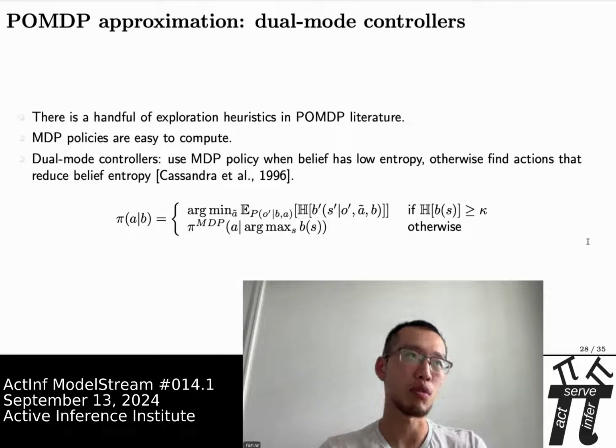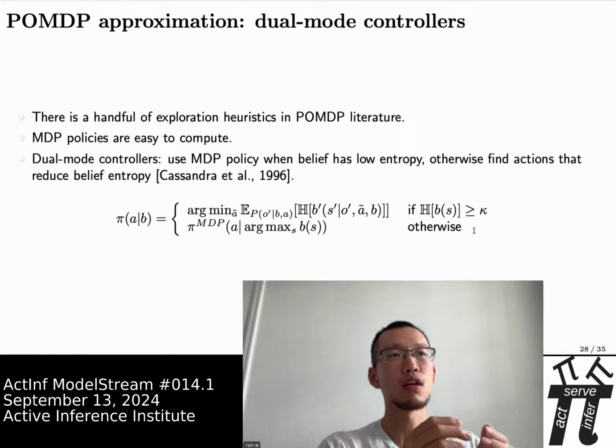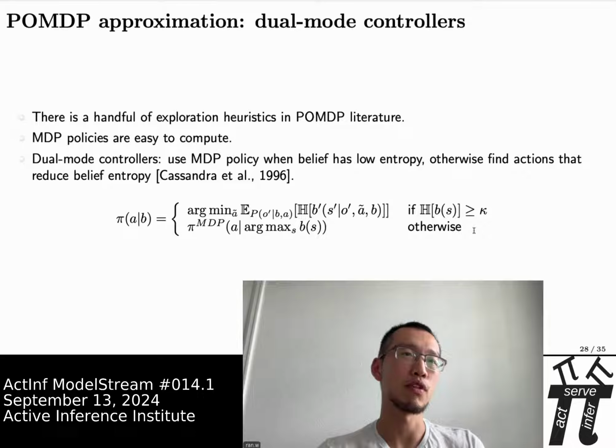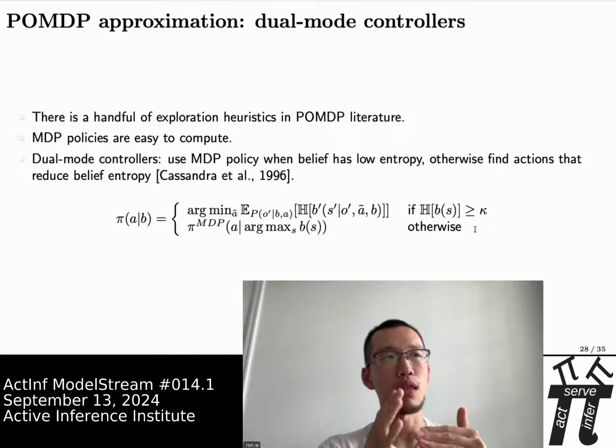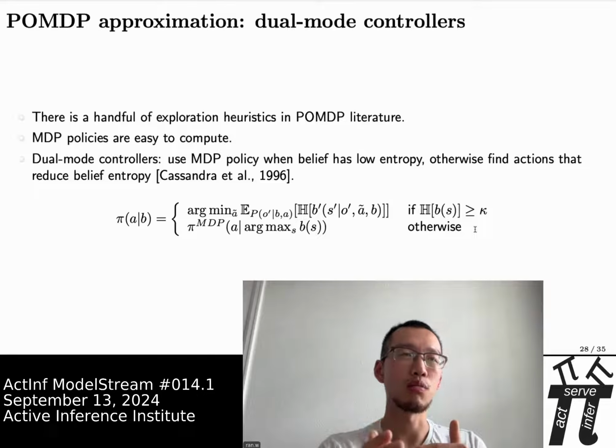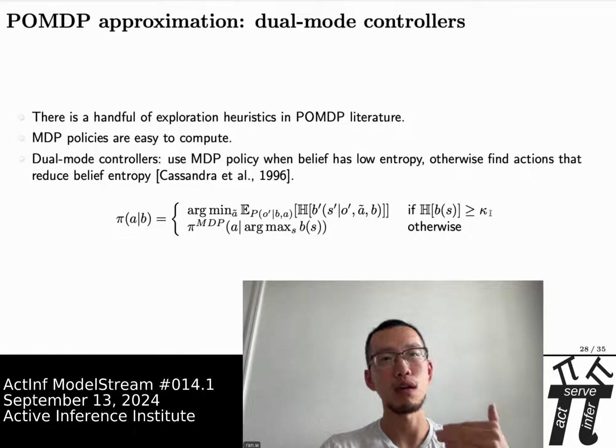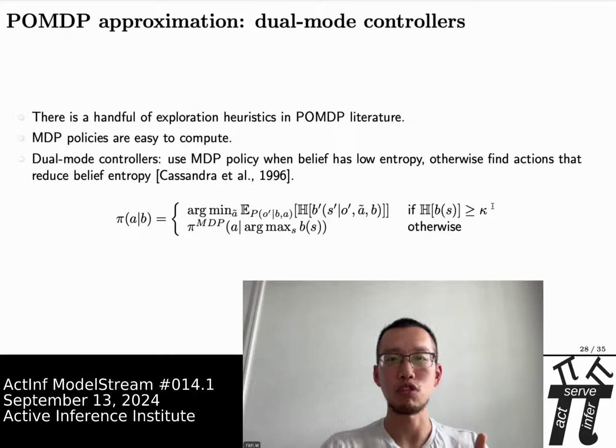So people have explored a bunch of heuristics. One of them is called the dual mode controller, where you design an ad hoc rule to switch between exploration mode and exploitation mode. That switch is determined by the entropy of your belief with some chosen threshold.